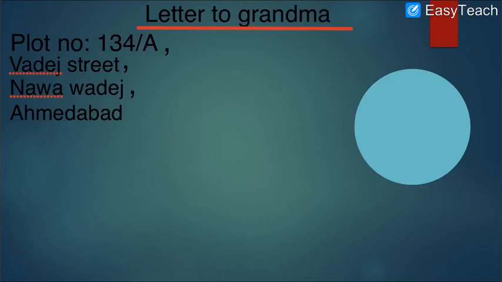Yes, many of you might be shouting date. No, first we have to leave one line. Okay, now we have to write date. So let's write the date. Here I am going to write the date.